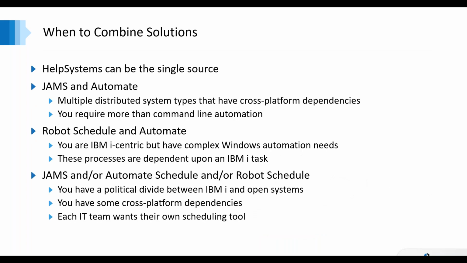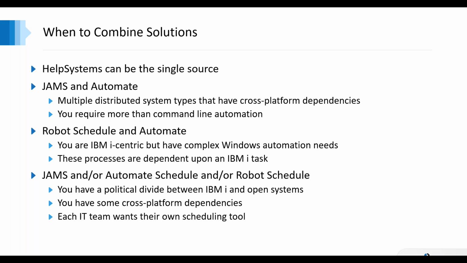Awesome, thank you, Pat. Well, you also might be thinking, we talked a little bit about combining solutions, and certainly we can. What you can think of as HelpSystems is a credible single source of scheduling, our core competency. Come to us, we'll help point you to the right technology.